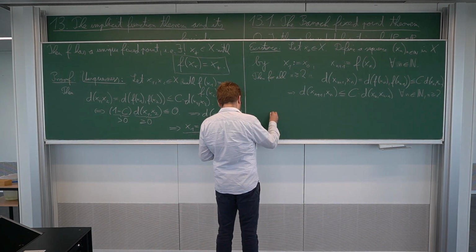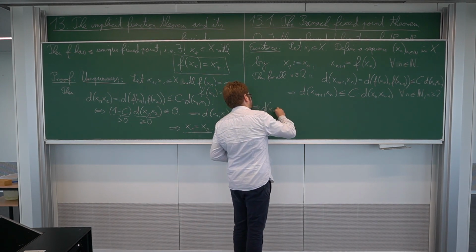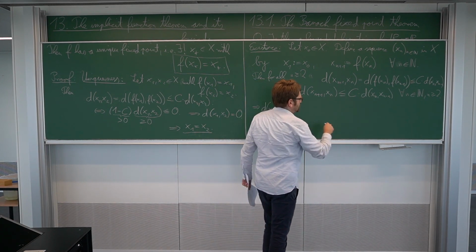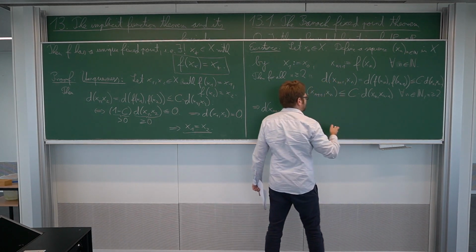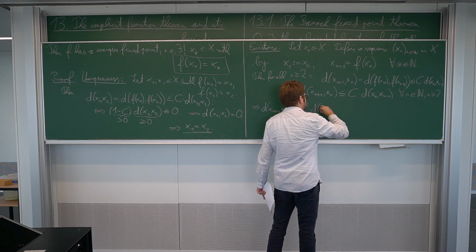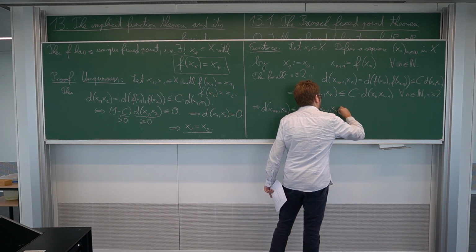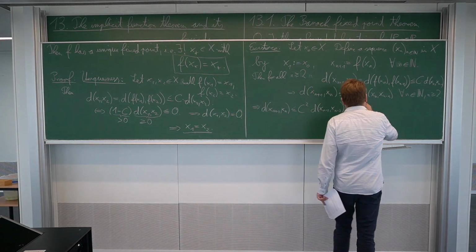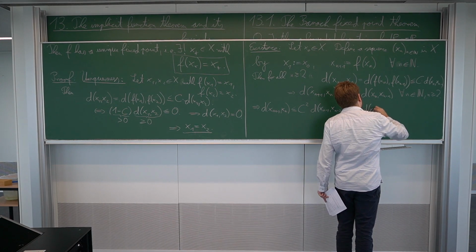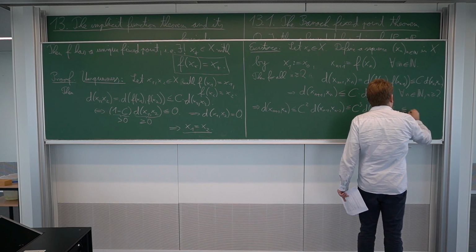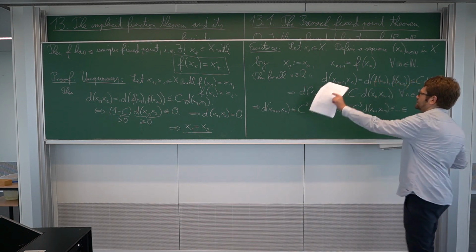So d(x_{n+1}, x_n) is smaller than or equal to c times d(x_n, x_{n-1}), and if we apply the inequality again, smaller than or equal to c squared times d(x_{n-1}, x_{n-2}), and again, smaller than or equal to c cubed times d(x_{n-2}, x_{n-3}). And so on, and we can do this until we arrive at the first elements of the sequence.